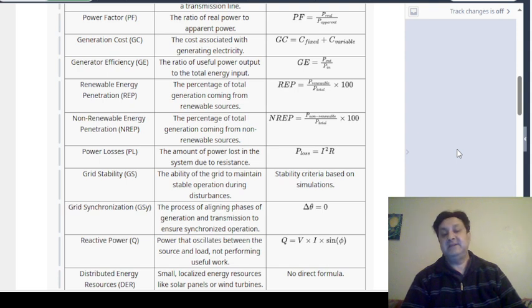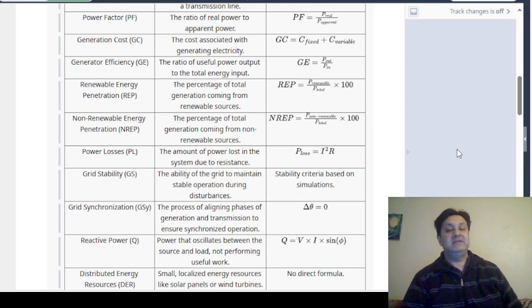Then the generator's efficiency, the ratio of useful power output to the total energy input. We produce the electrical power, but we have to see the ratio of useful power output to the total energy input.